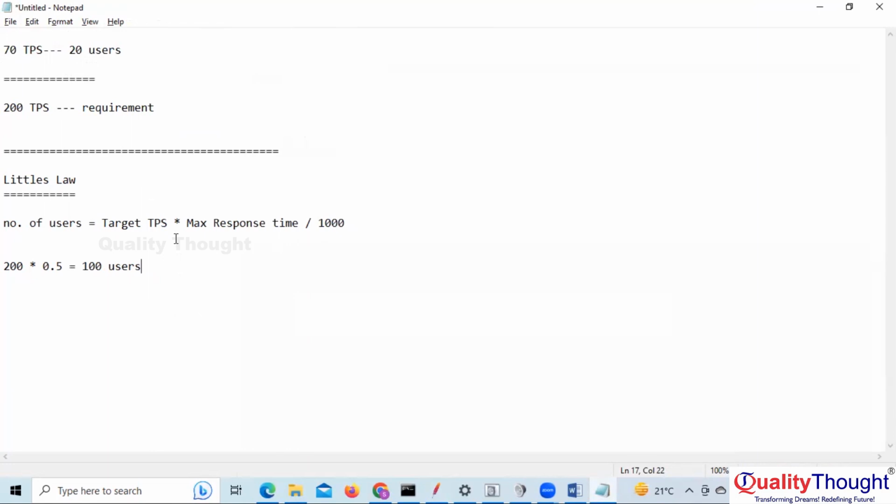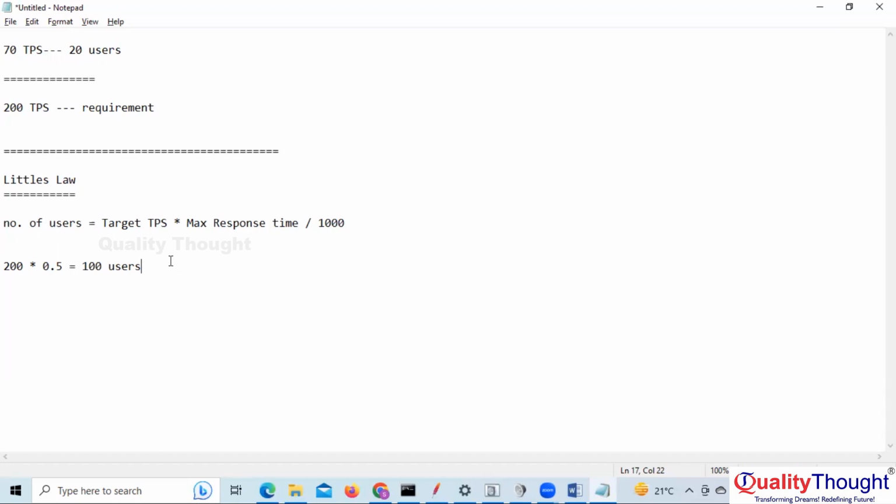The reason I am asking is, is it a two-step process to request users? If you are working in a project, do you first request 20 users, calculate using Little's law, and then request more users? Or do you get the maximum users at the beginning and then try it out? No, if you don't have the number of users, you will run with some random users and try to achieve your target throughput.